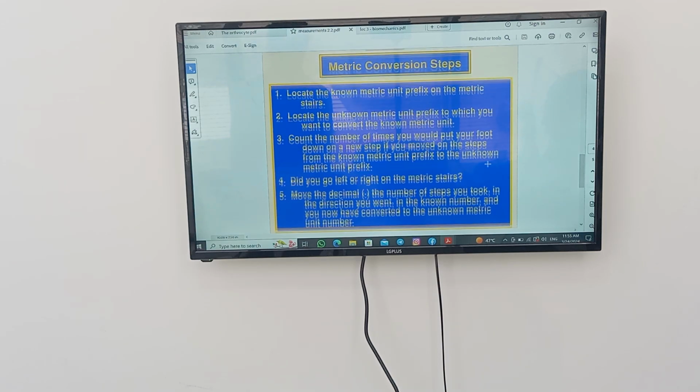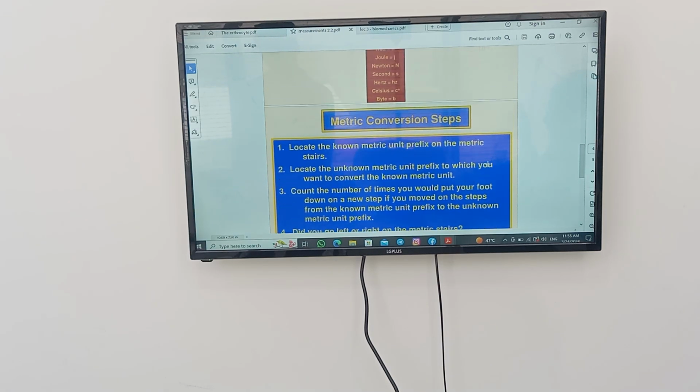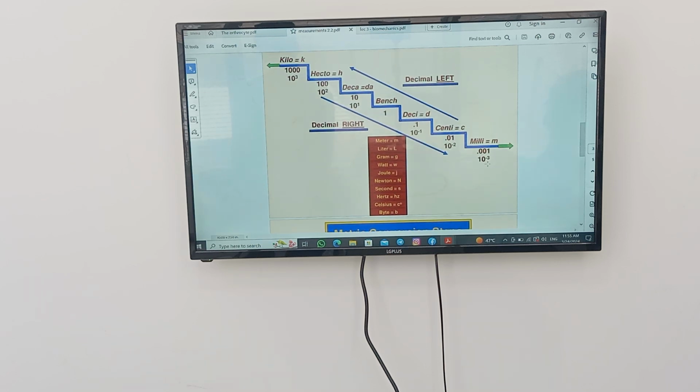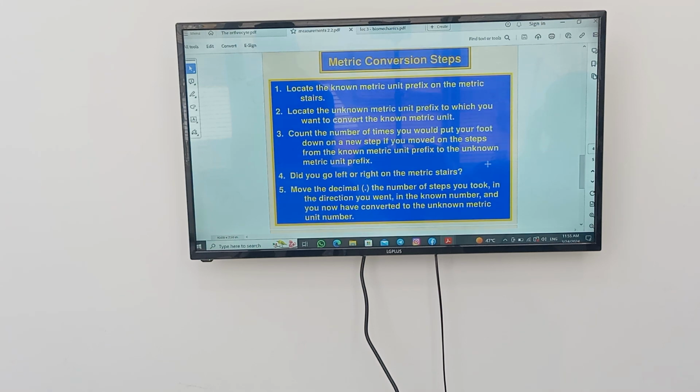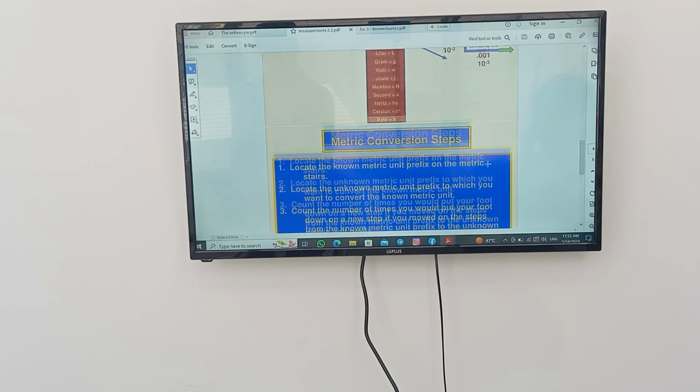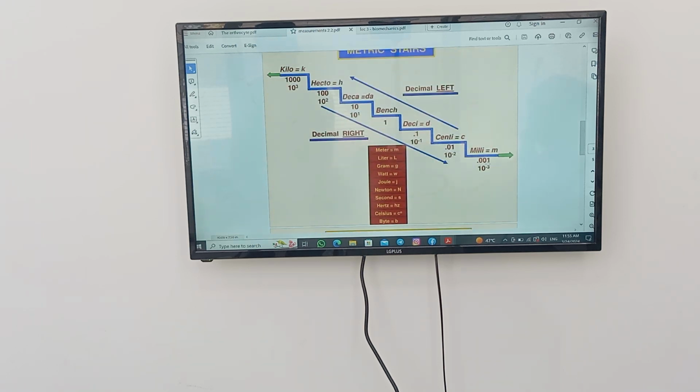How do we convert each of these units using the metric stairs bench? Locate the known metric unit prefix on the metric stairs. Okay, we're going to choose any of these. Let's say we choose kilo.